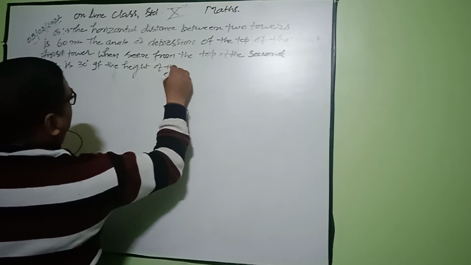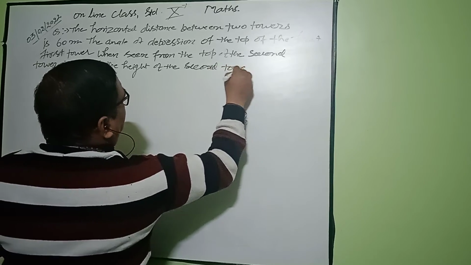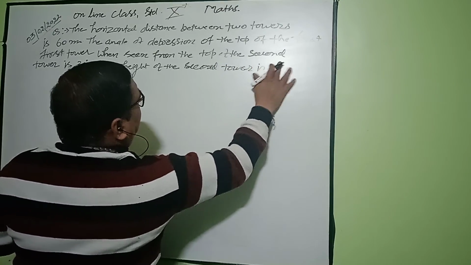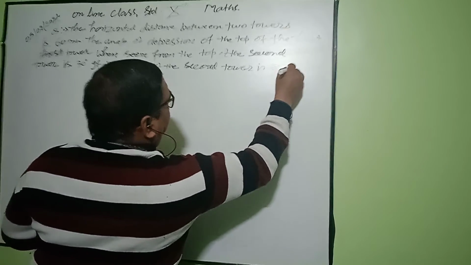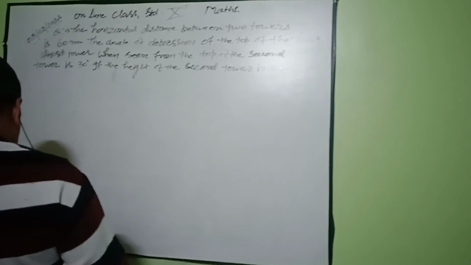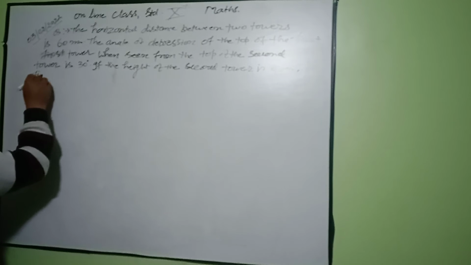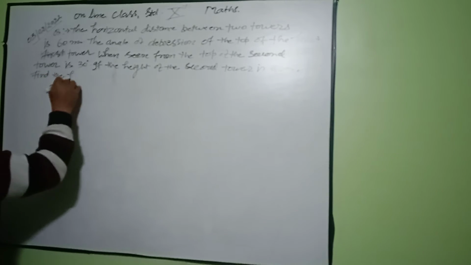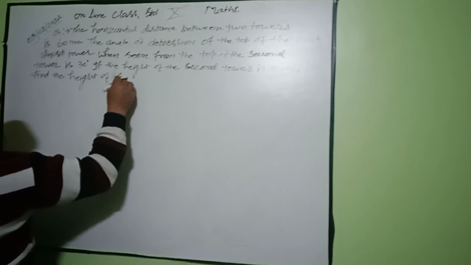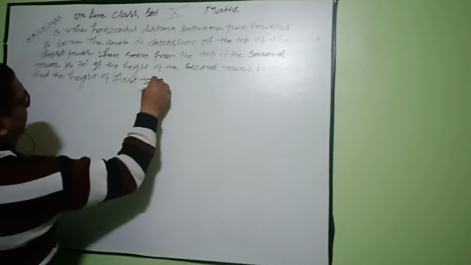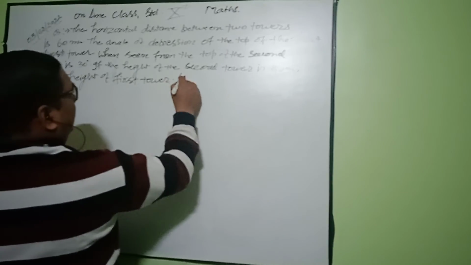If the height of the second tower is 90 meter, find the height of the first tower.